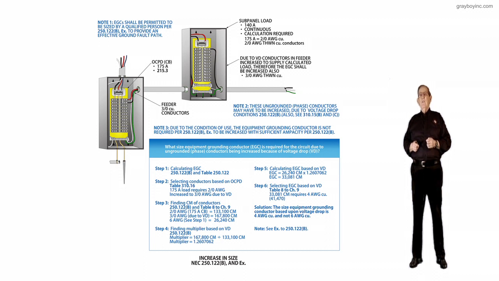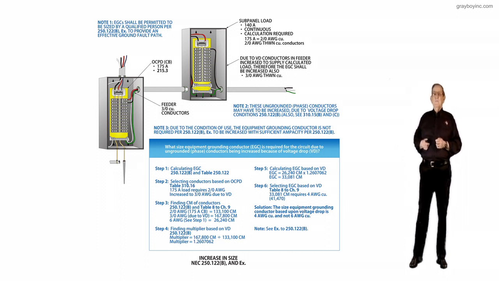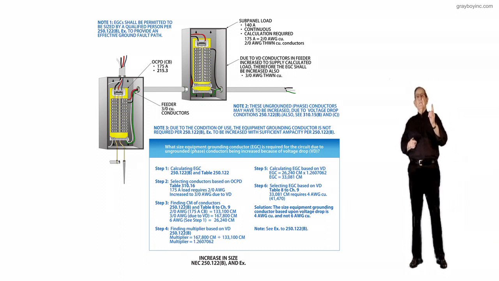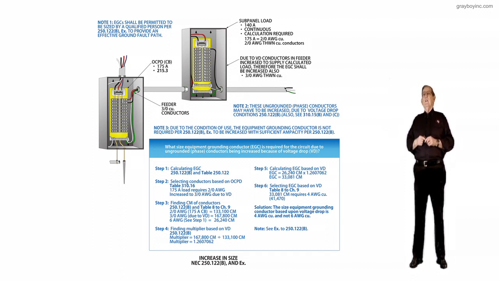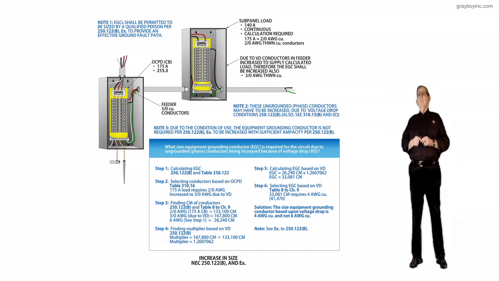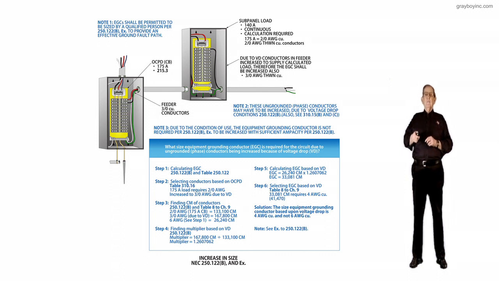Now, notice that this is now dealing with voltage drop, and if you don't mind, first I'm going to look at this sub panel here at the top, and it says 140 amps, continuous load. We calculate the load and we come up with a number 2/0 connected to a 175 amp main.